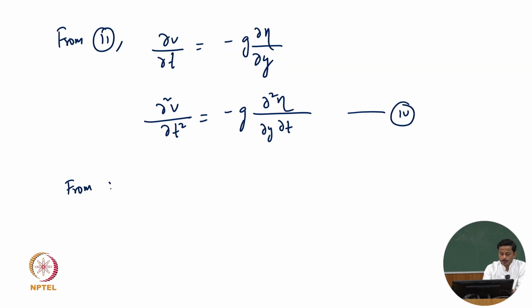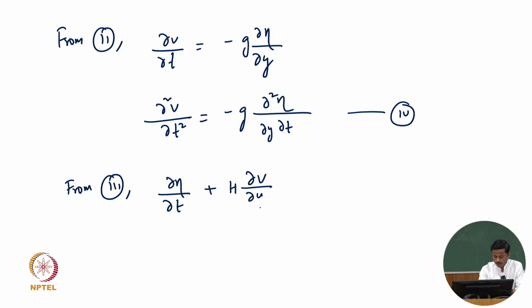From equation 3, we have del eta del t plus h del v del y equal to 0. Differentiating with respect to y now, del squared eta del y del t plus h del squared v del y squared equal to 0.